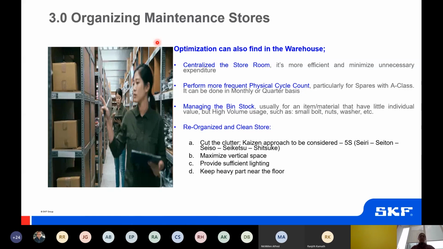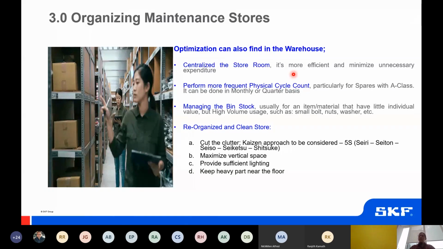For example, maybe centralize the storeroom instead of having a satellite warehouse, because this is more efficient when you have a central warehouse instead of a satellite warehouse.